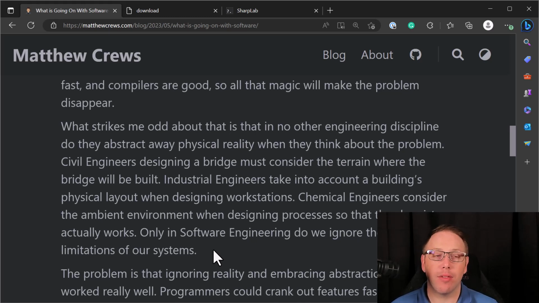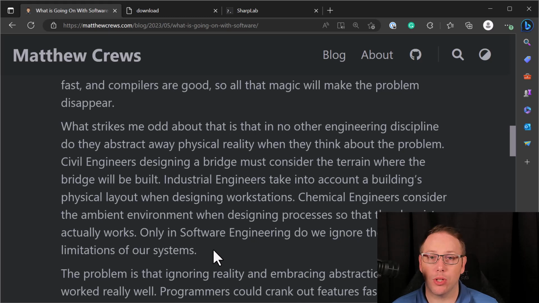They would never have the abstract idea of a bridge and say like, hey, we're going to inherit from this and implement it. Like, no, they would be keenly aware of where that bridge needs to be built and take those restrictions into account. So they would want to take that problem-specific data and integrate that into their solution.